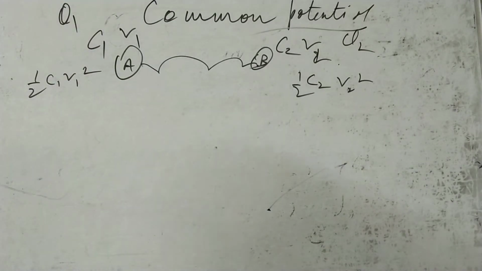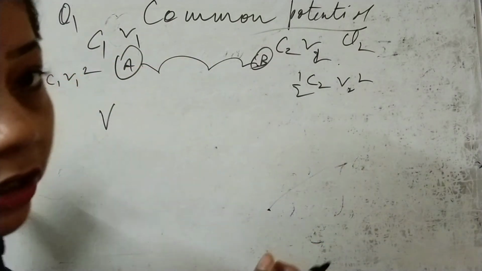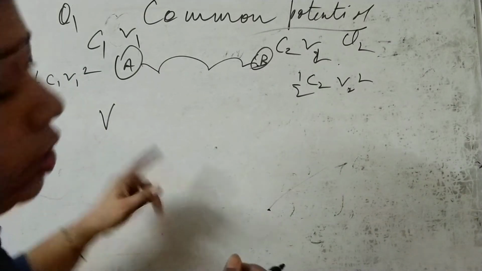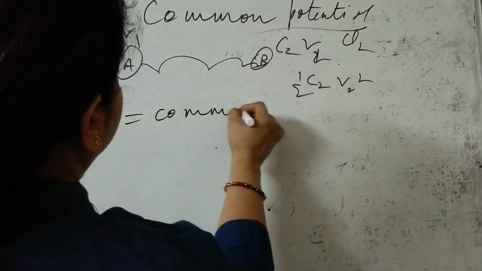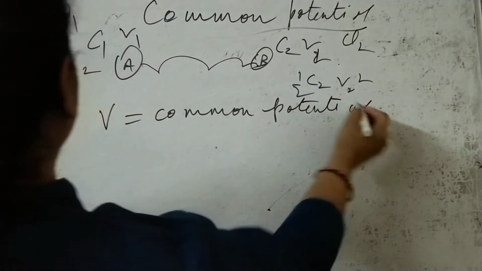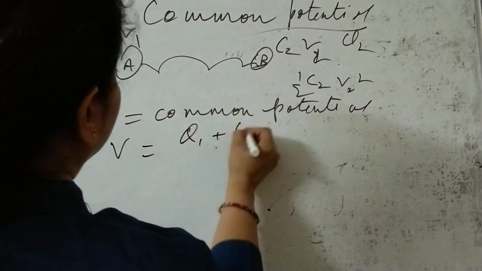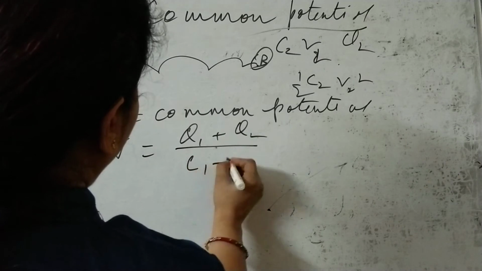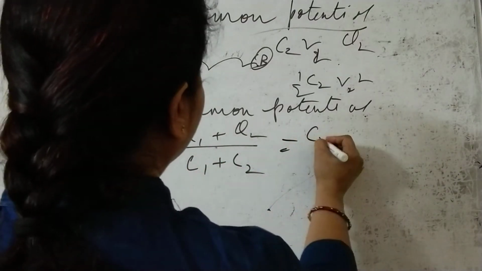So we have the common potential, let us assume V, because now that we have connected them, we cannot talk in terms of V1 and V2. V is the common potential. Since V is the common potential, V is equal to Q1 plus Q2 divided by C1 plus C2. What was Q1? C1 V1.